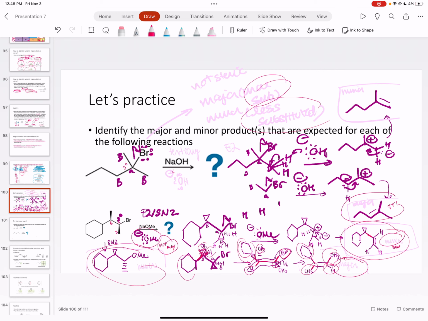So I was going to initially solve this for you, but like I said, I think you are able to solve or eventually get to the product.